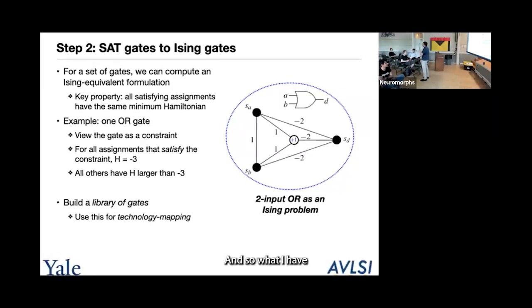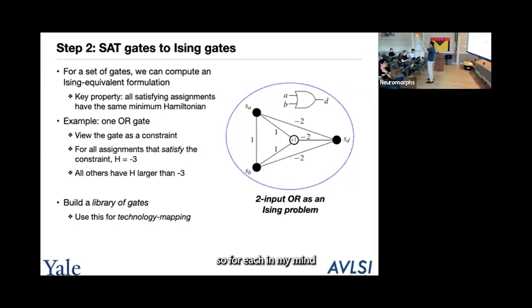Yes, exactly. So once you do this mapping to the Ising gates, now it's bidirectional. Correct. And you have to be a little careful. You have to actually make sure that all possible satisfiable solutions for this gate have the same Hamiltonian. Otherwise, it doesn't compose.